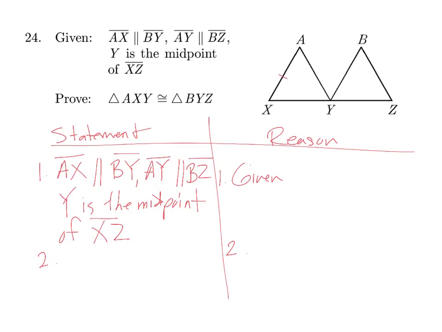I have AX is parallel to BY, and AY is parallel to BZ. Y is the midpoint of XZ, so I know those are congruent. So I'm going to say XY is congruent to YZ. That's by definition of midpoint.